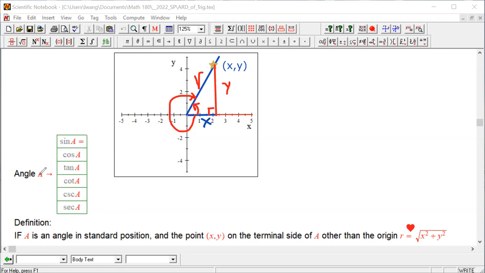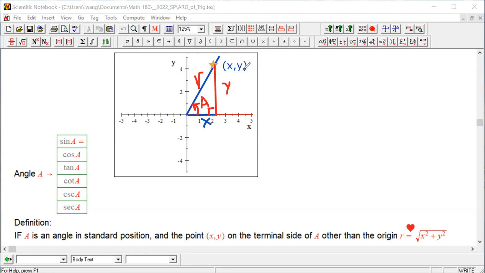So this angle is not unique. Suppose we choose one of these angles. So you measure the angle, and for the angle we have chosen, that's A.